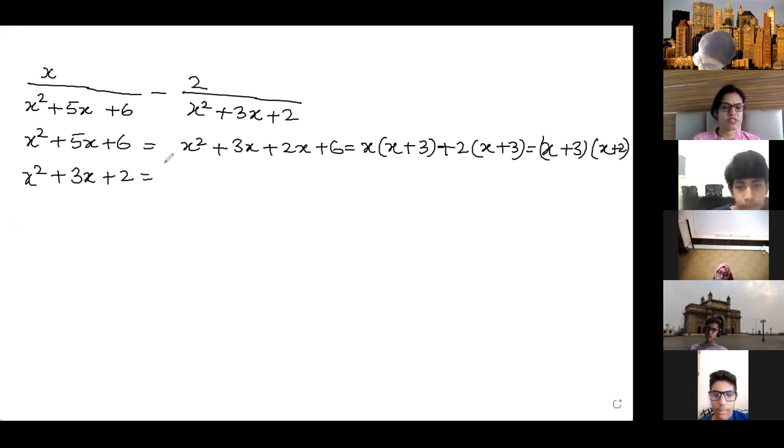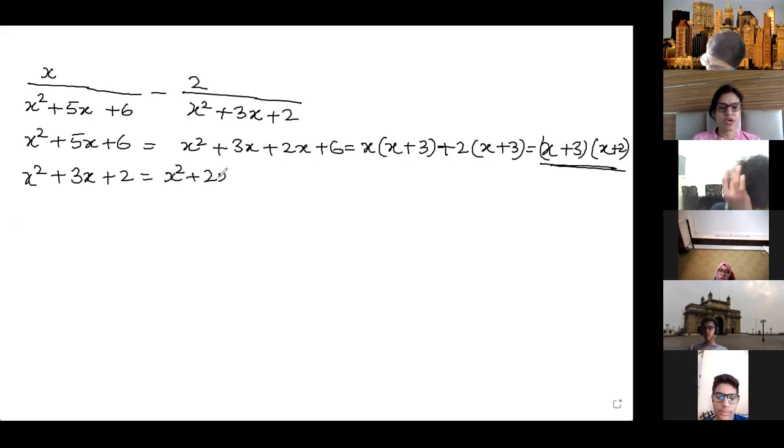Anyone has factorized the second one? Ma'am, x square plus 2x plus x plus 2. Yes, x square plus 2x plus x plus 2. So 2 into 1 is 2 and 2 plus 1 is 3.